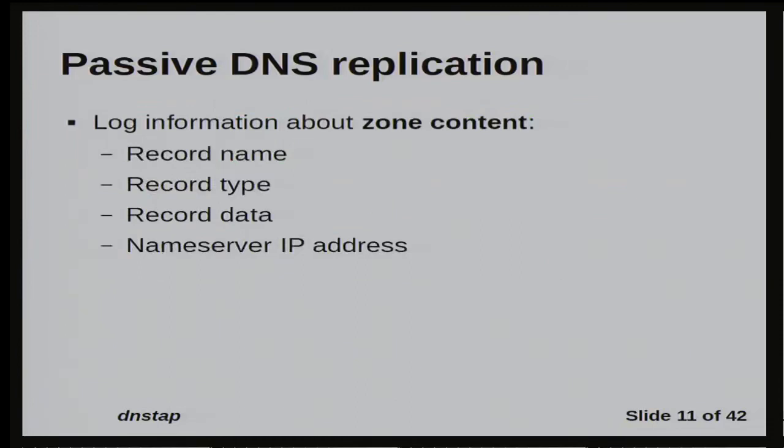But the basic idea is that we want to log information about the content of zones, the resource records, the owner name, type, data, and potentially the IP address of the name server. And the idea is to replicate this zone content, usually for anti-abuse purposes.